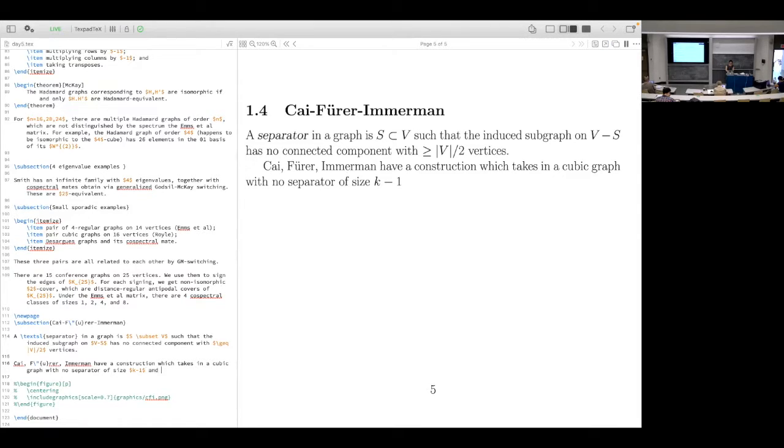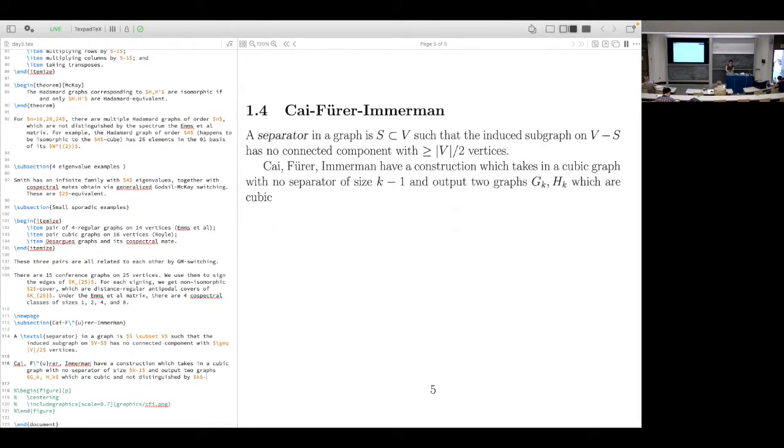It outputs two graphs, G sub k and H sub k, which are cubic and not distinguished by the k-dimensional Weisfeiler-Lehman. In fact, they're not k-equivalent, they're going to be k over 3 equivalent by the previous result.